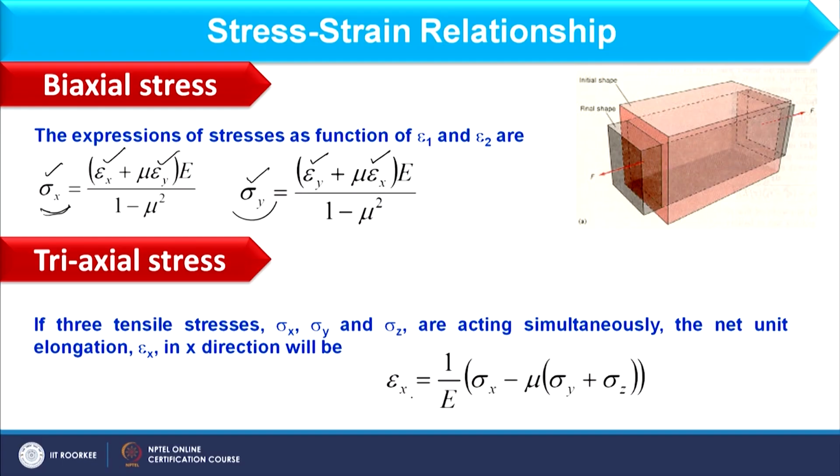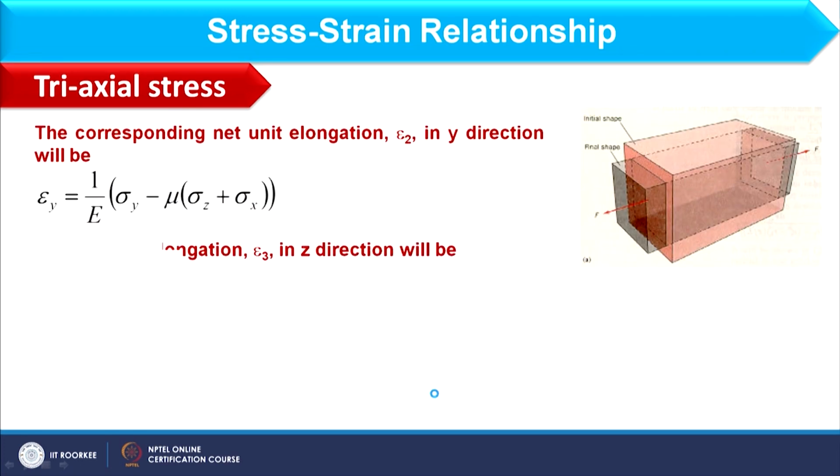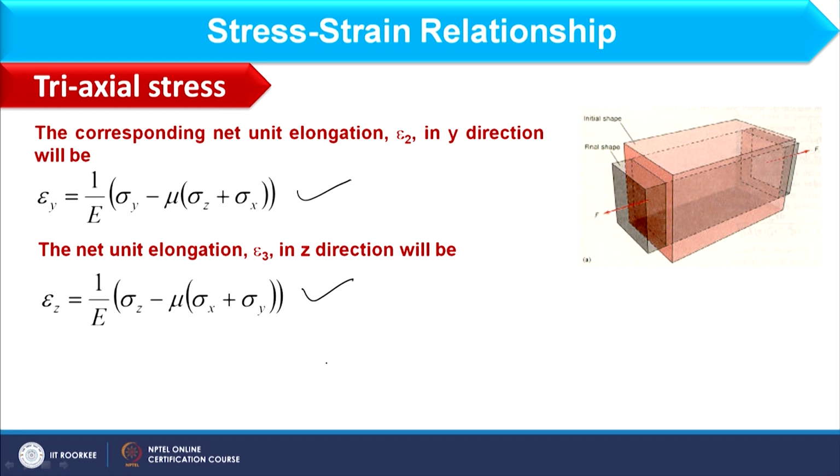Mathematically, we can represent epsilon x as 1 by E times sigma x minus mu times sigma y plus sigma z, and in a similar line I can define the resultant elongation in the y direction as well as in the z direction. After solving these three equations, we can have sigma x, sigma y and sigma z as a function of epsilon x, epsilon y and epsilon z. In this way we derive the expression for the triaxial system also, and here we have mainly focused on tensile stress.